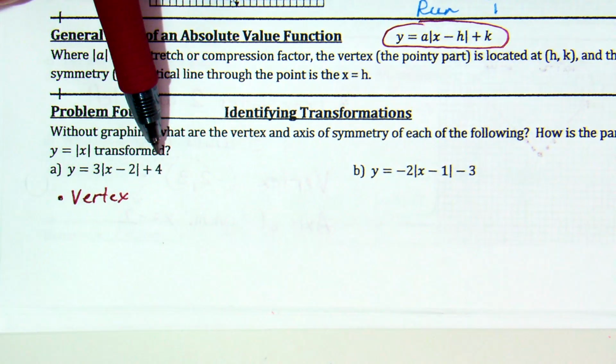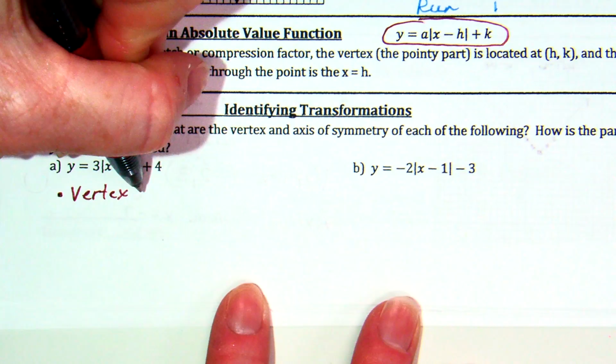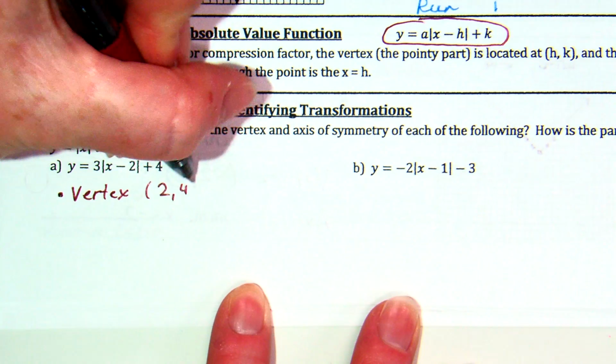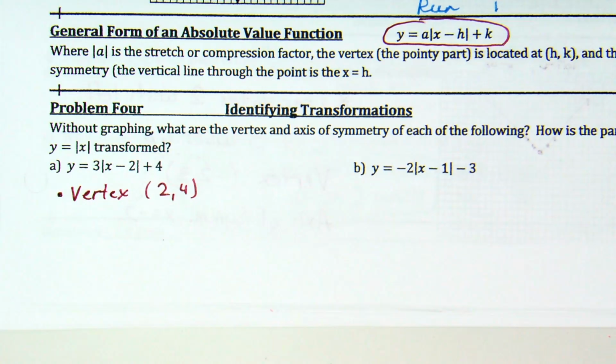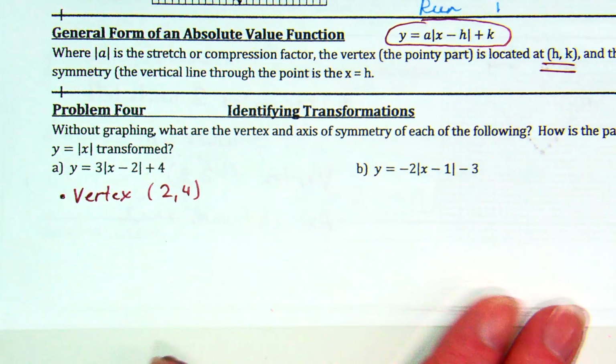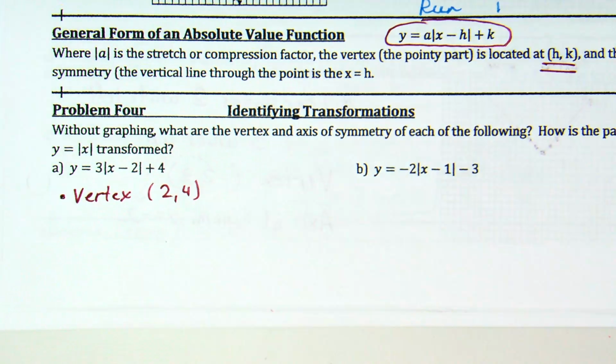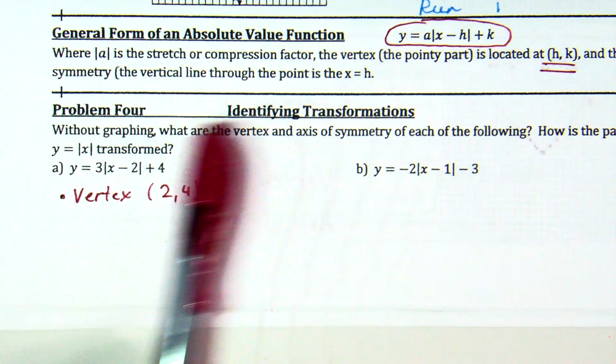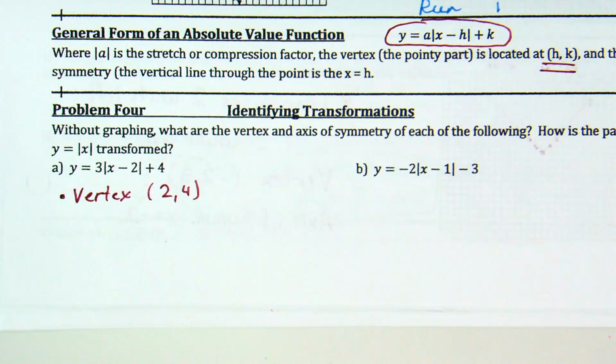Plus 4 is going to move me up 4. And so that gives me a vertex of right 2, up 4: 2, 4. Also, what did it say in the directions? The vertex is located at h, k. When we say h, k, this is x minus h in the original, so it's always the opposite sign of what's in the absolute value. So it becomes positive 2. And then the k value, you keep the sign.